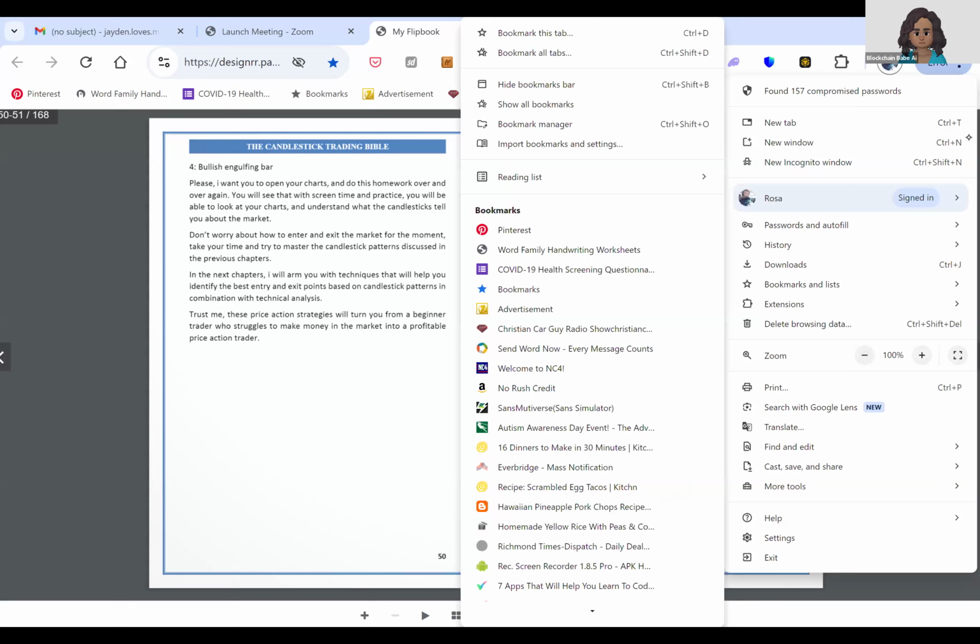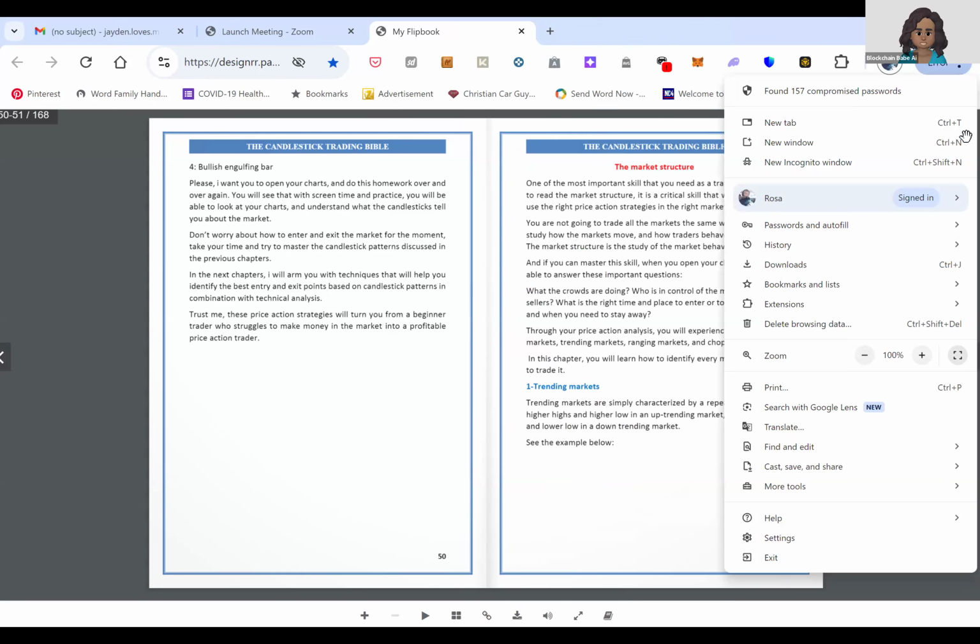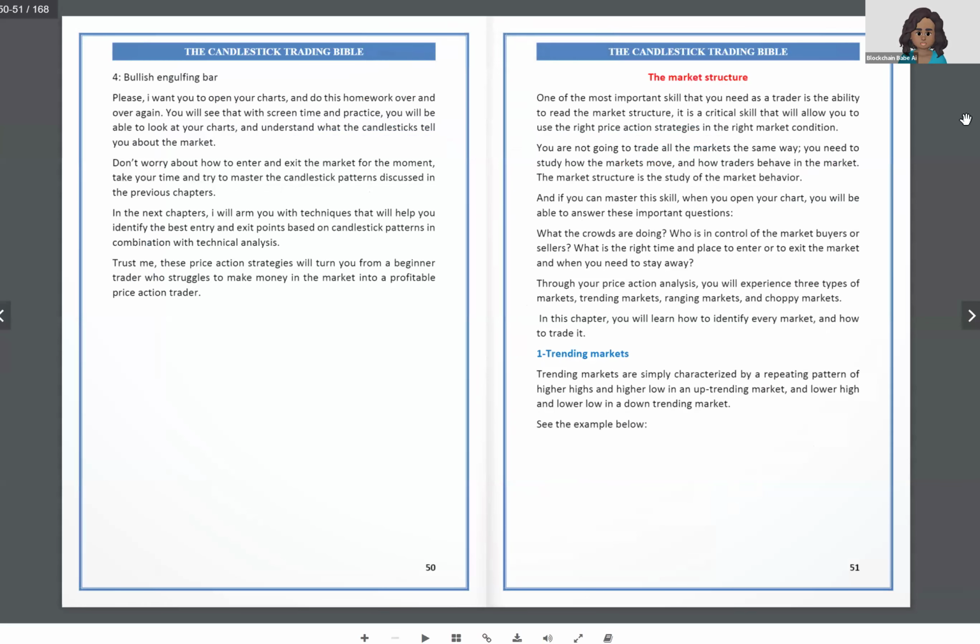All right. So the market structure. One of the most important skills that you need as a trader is the ability to read the market structure. It is a critical skill that will allow you to use the right price action strategies in the right market condition.